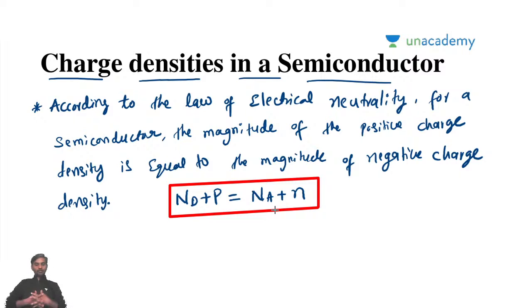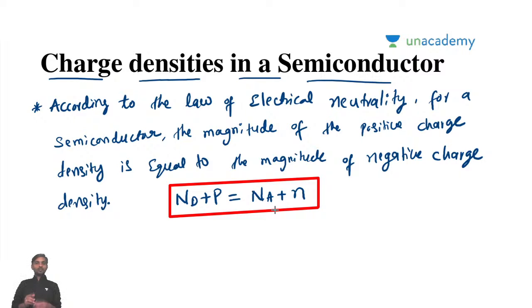Where Nd is the donor concentration and Na is the acceptor concentration. Donor concentration plus p, the positive charge, and Na, acceptor concentration, plus n, the free electron concentration.